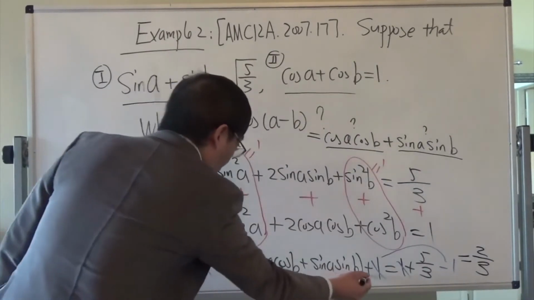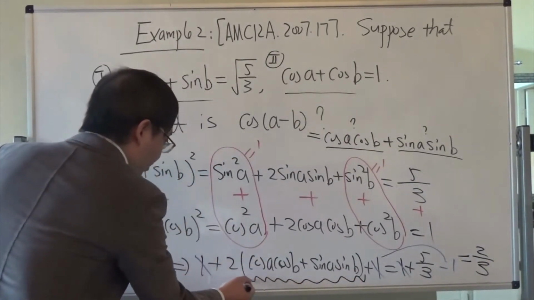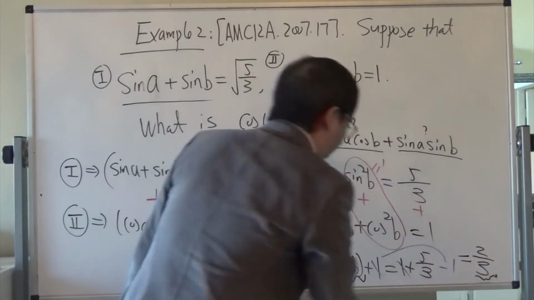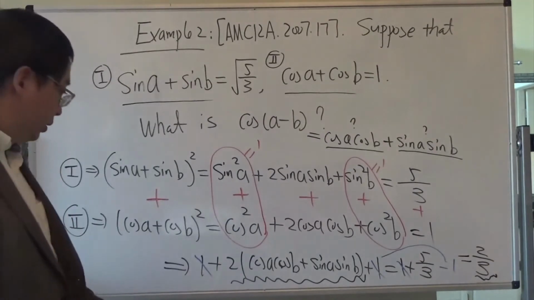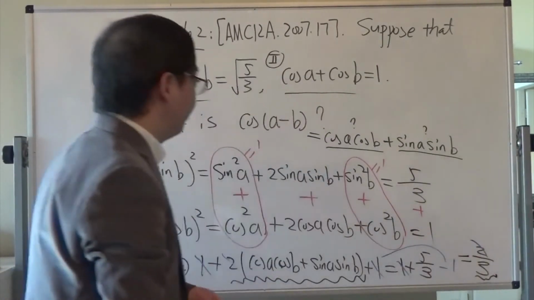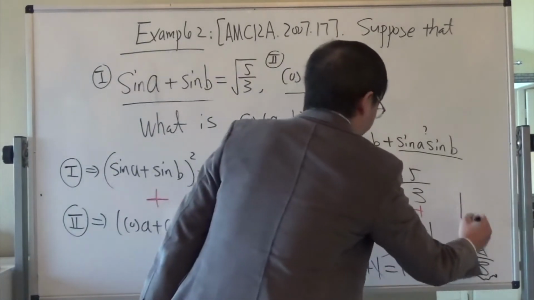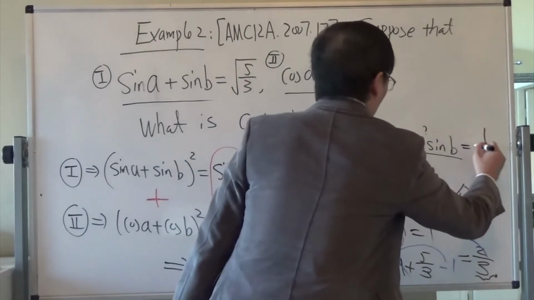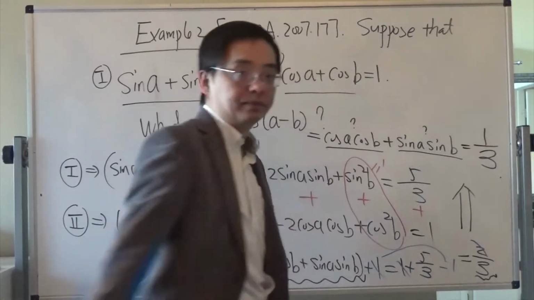So we get twice of cosine A cosine B plus sine A sine B equals 2 over 3, and then we just divide by 2 on both sides, and finally we derive these two things added together equals 1/3.